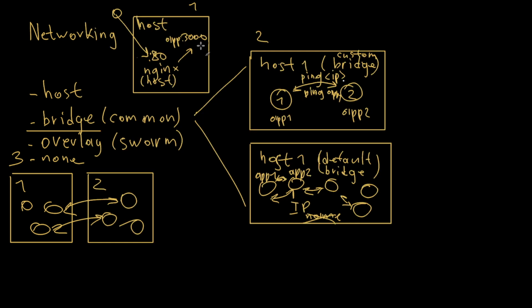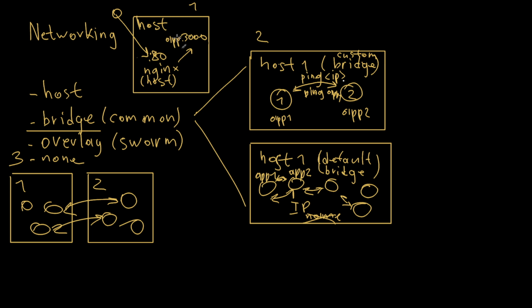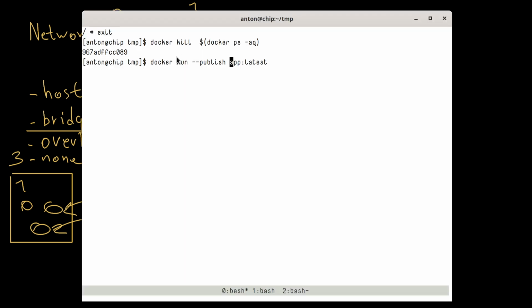So first, let's create the app container, and I'm gonna create it with a simple docker run app latest. I can run this application as a standalone application without Docker, but it might be easier to use Docker instead.